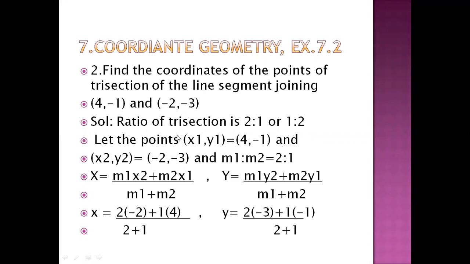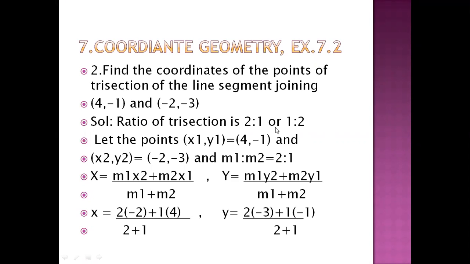The second sum is: find the coordinates of the points of trisection of the line segment joining (4, -1) and (-2, -3). Tri means what? 3. So trisection means it is divided into 3 parts.